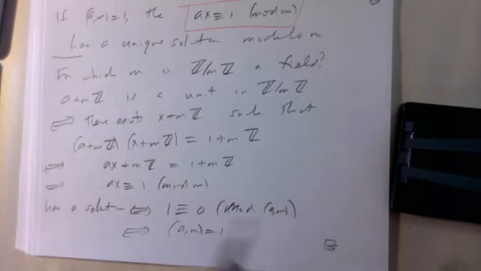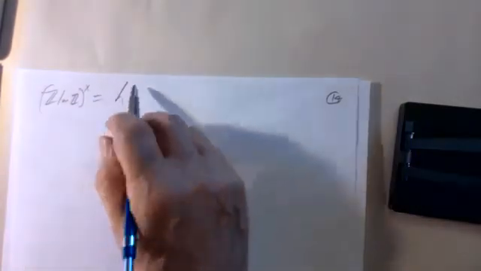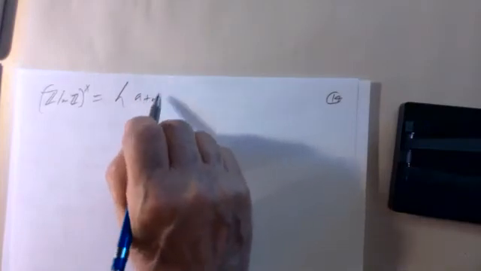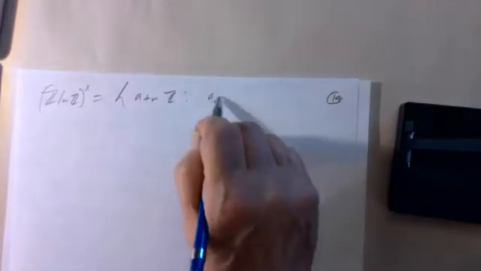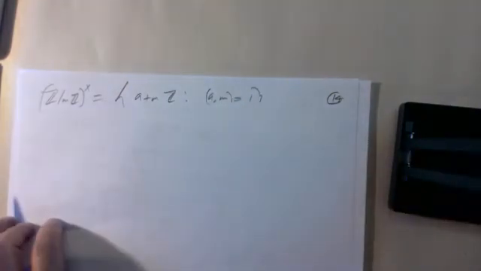Wow. So this is really a fantastic statement. What this says is the group of units in Z mod MZ is the set of all congruence classes A plus MZ where A and M are relatively prime.